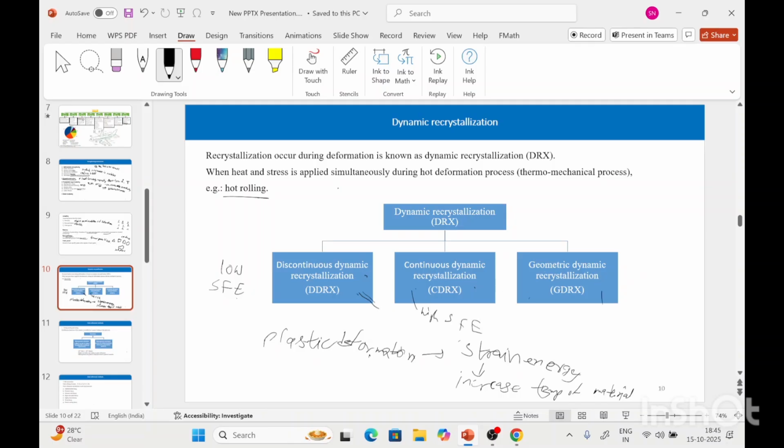And in geometric dynamic recrystallization, the geometry of the grains changes. That's why it's called that. It means the geometry of the grains changes due to the rotation or movement of the high angle grain boundary, which will result in geometric dynamic recrystallization.